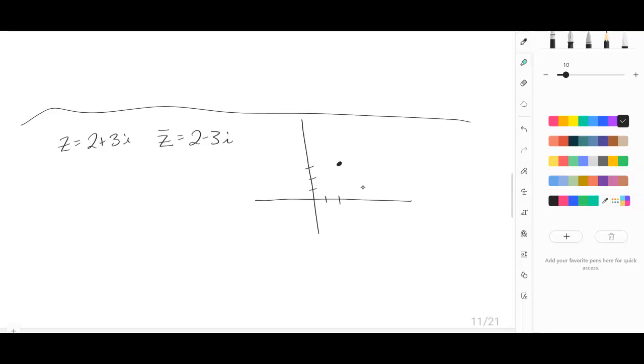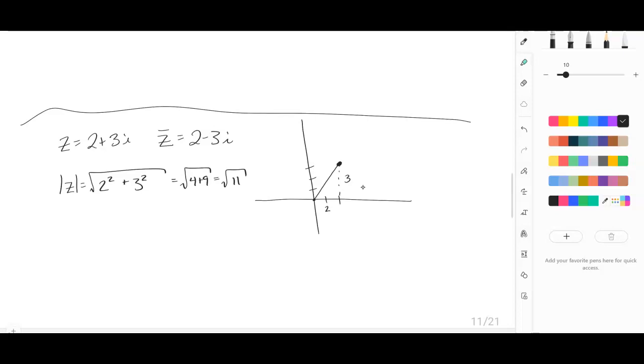If I were to talk about the modulus of z, that would be the distance from the origin to that point. This distance is 2, this distance is 3, so the modulus is going to be the square root of 2 squared plus 3 squared, which is the square root of 4 plus 9, or the square root of 13.